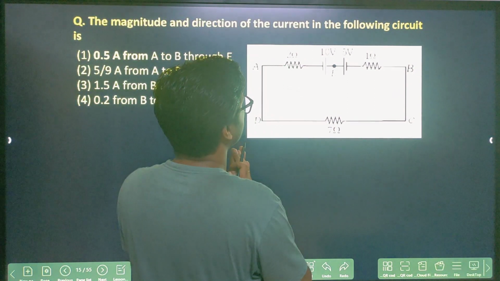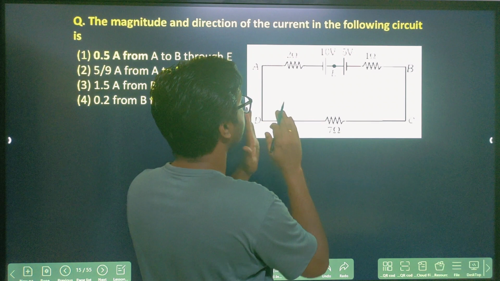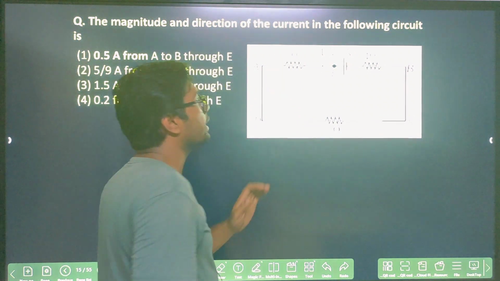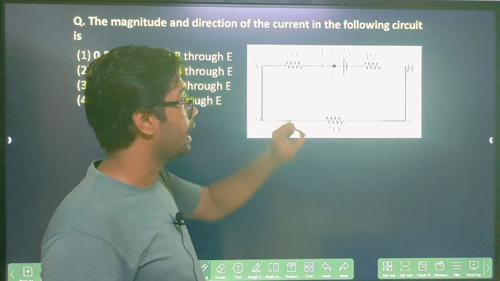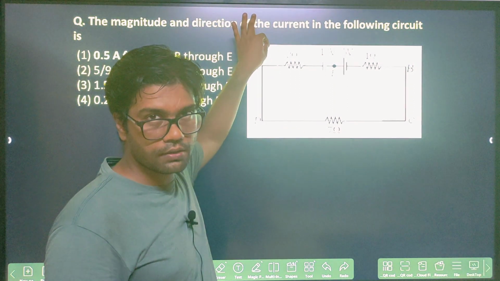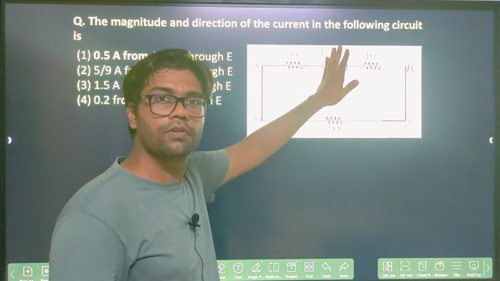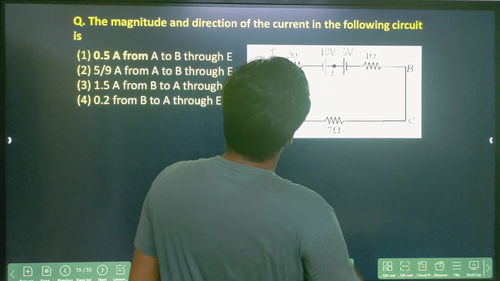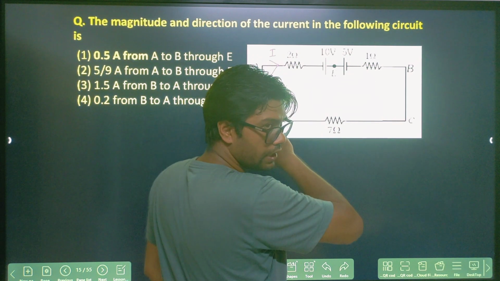Just see the problem. Let the current be flowing along this direction. I am not saying that this current is flowing along this direction, I am assuming it.